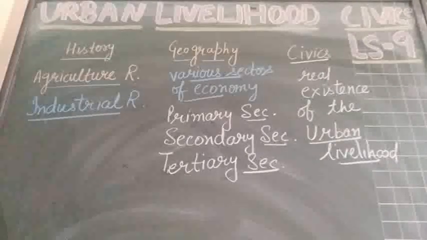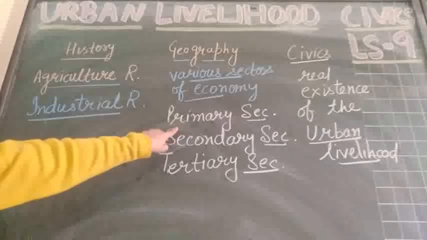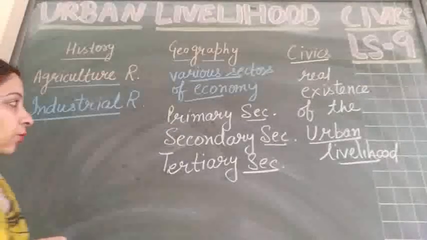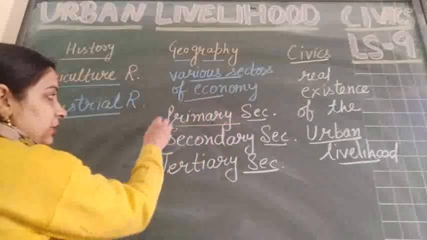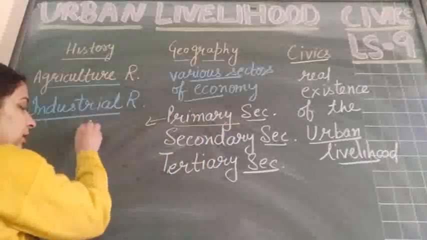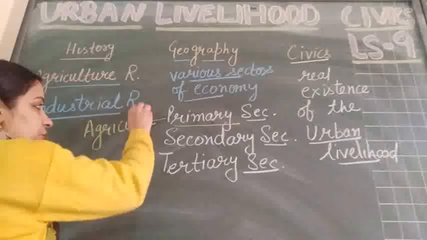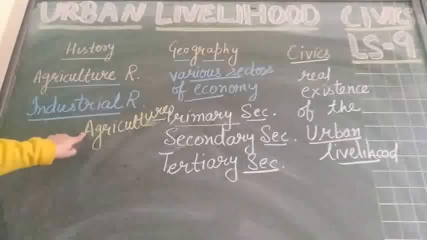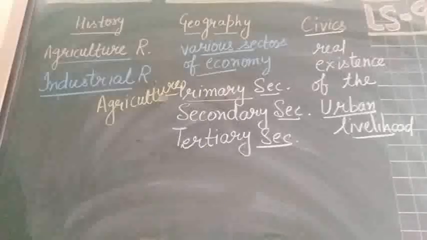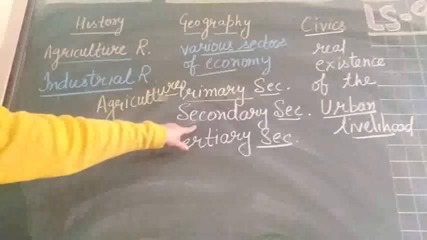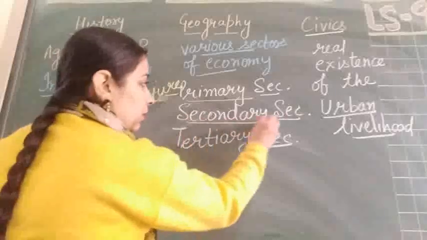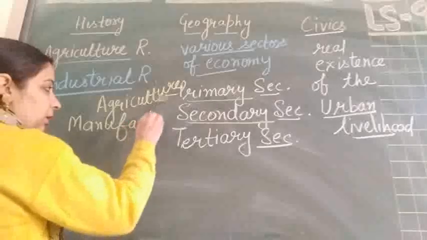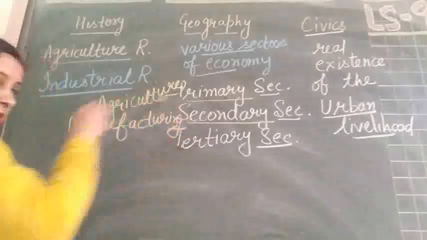Similarly, when we talk about primary activity, we are concerned with agriculture. Clear? And when we talk about secondary activity, we focus on manufacturing activities.